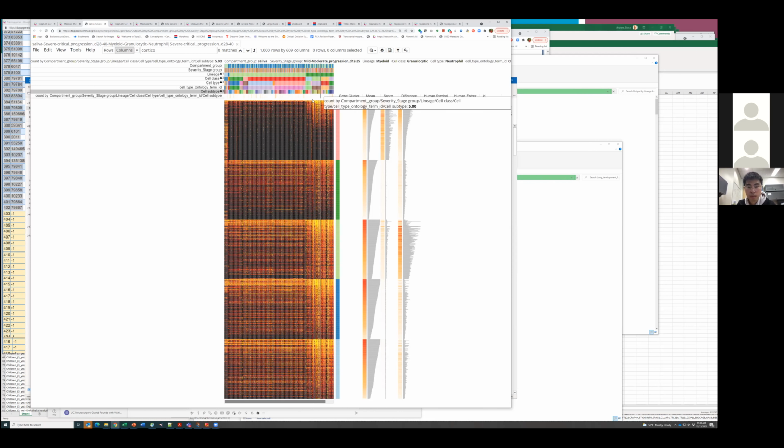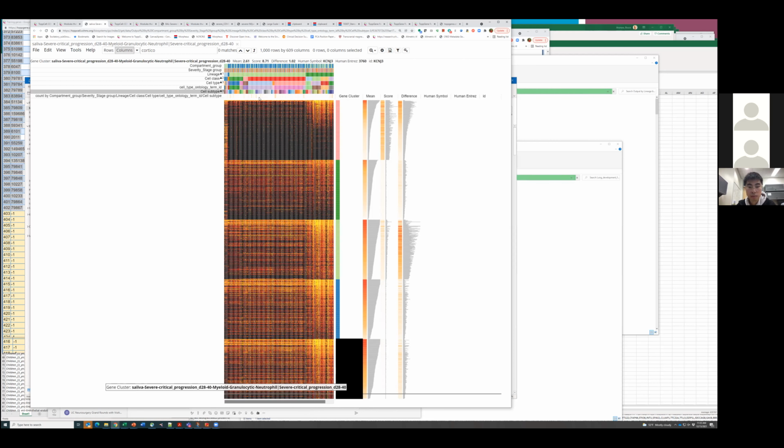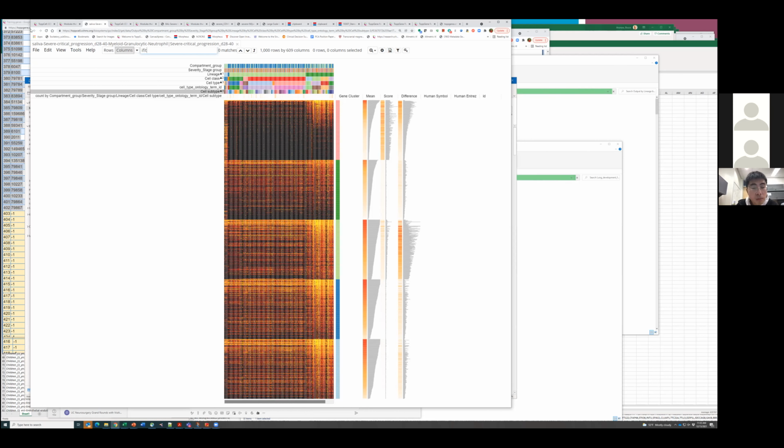So, let's just do a sanity check because we searched for IFIT, wasn't it? Oops. You have to search in rows for IFIT.